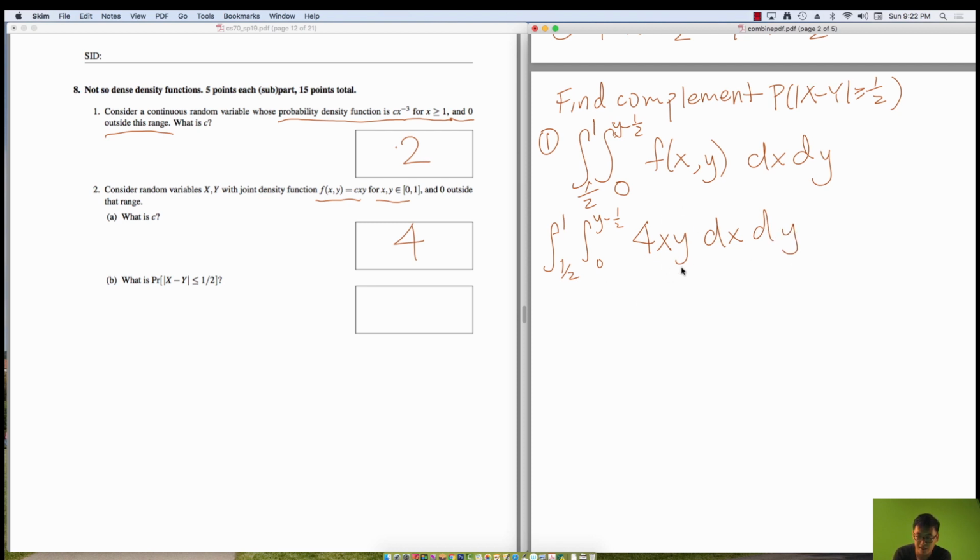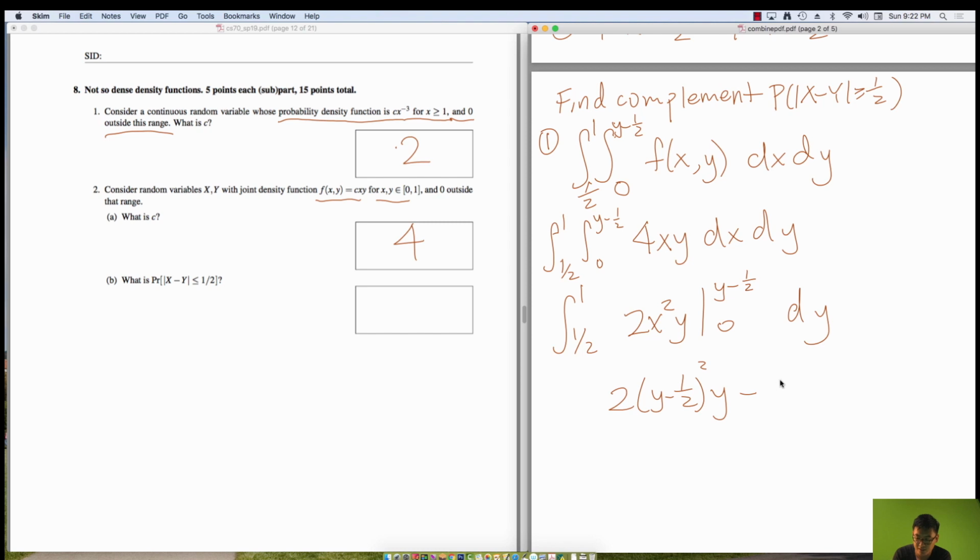So I take the antiderivative of 4xy with respect to x. I get 2x squared y, and I evaluate this at y minus a half, 0. And so if I evaluate this at y minus a half, I get 2 times y minus a half squared times y.